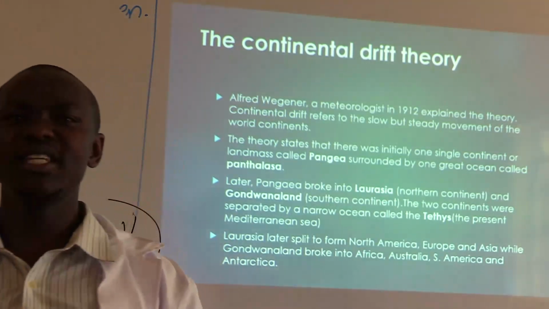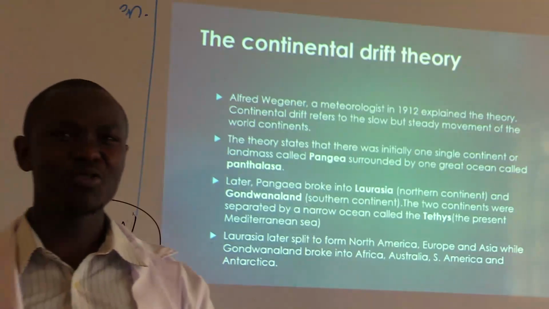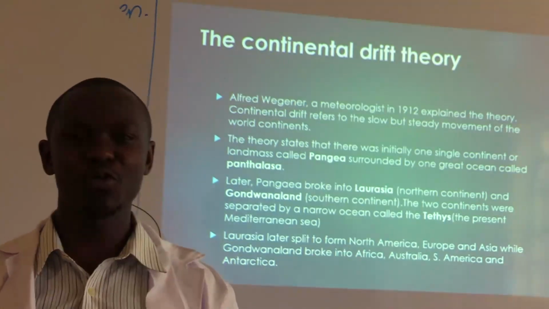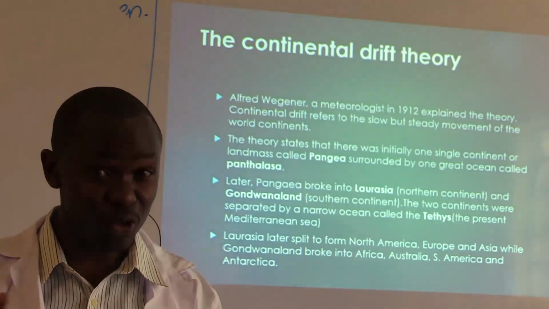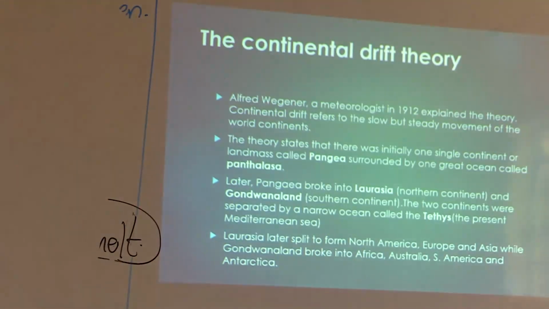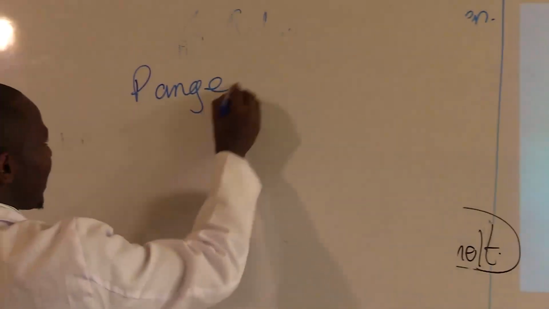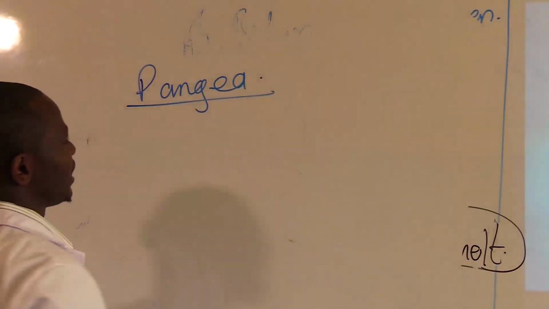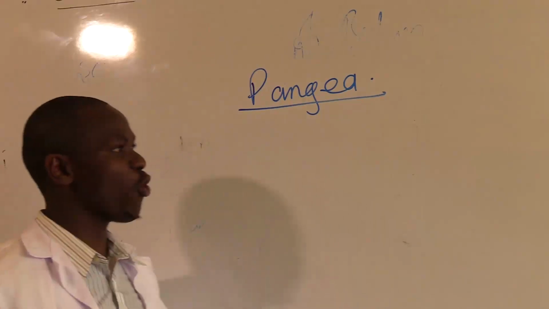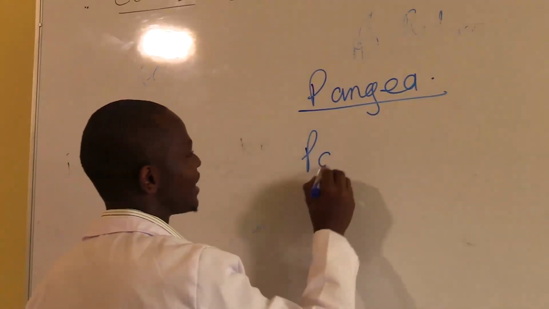And by that, it basically means that if there was only one continent, one large mass of land, then there was also one ocean. So the large land was called the Pangea supercontinent, which was surrounded by one large ocean called the Panthalassa.